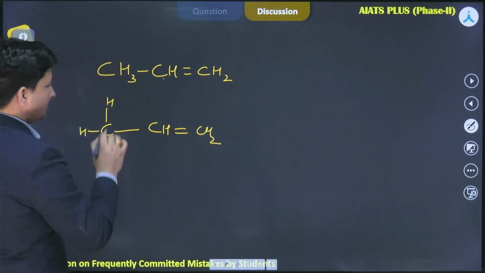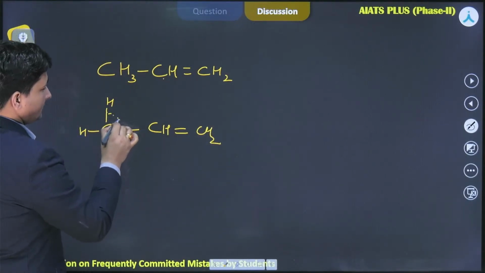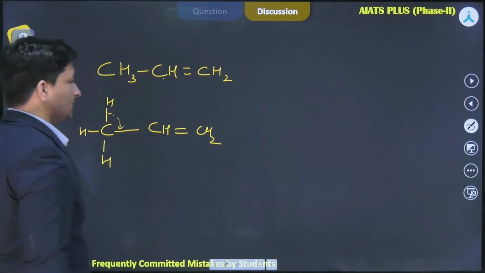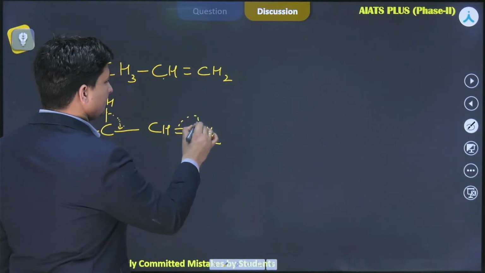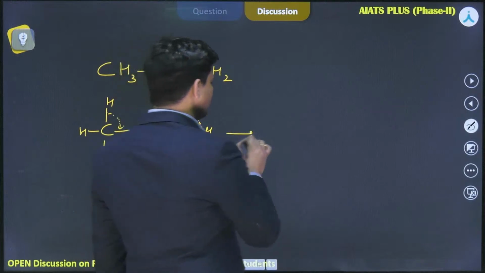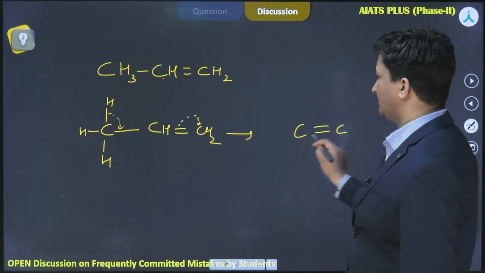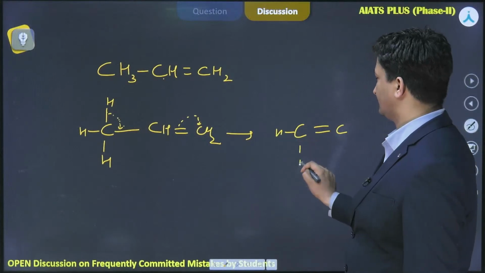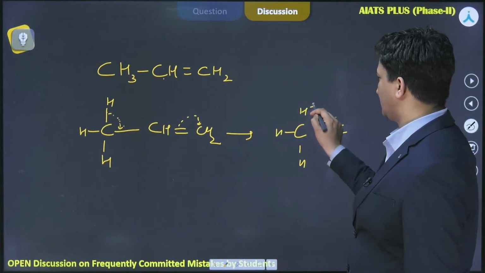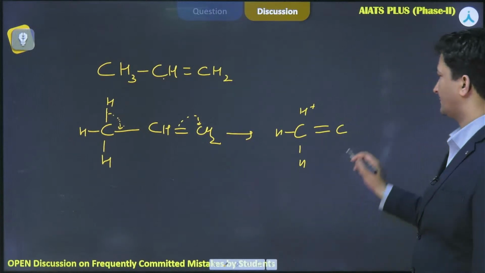Now what will happen? This hydrogen's bond will move here, and this will move here again, and due to this we get C double bond C, and H plus remains in the vicinity.